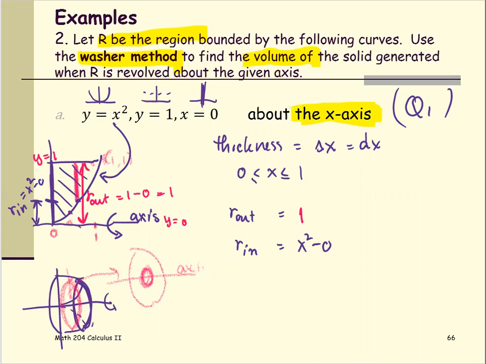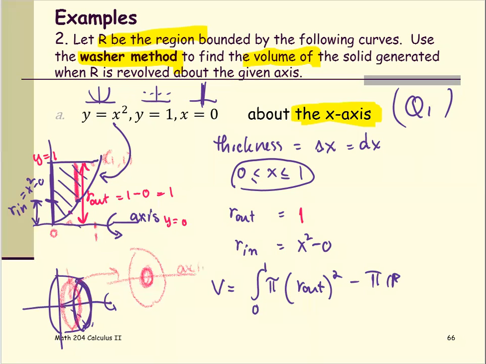The next part, you put them all together as the volume. Volume equals the integral from 0 to 1, lower limit to upper limit, of pi multiplied by the outer radius squared, minus pi times the inner radius, R in, squared, and then multiply by the thickness.